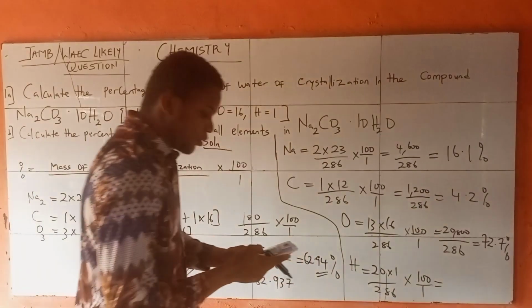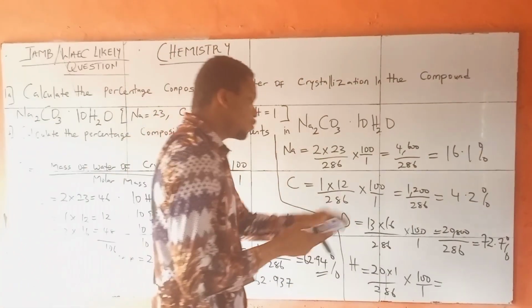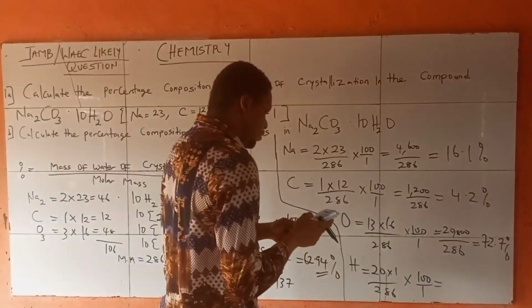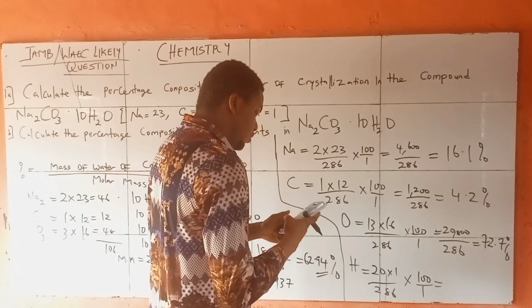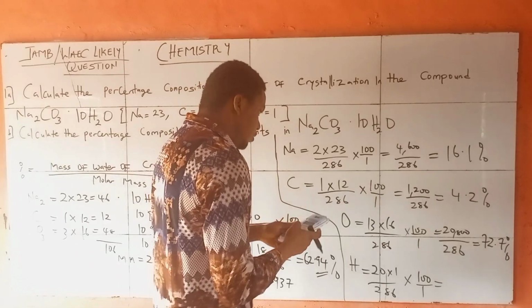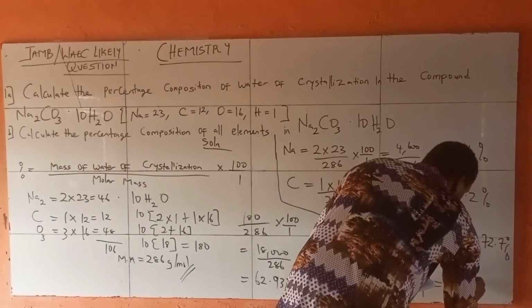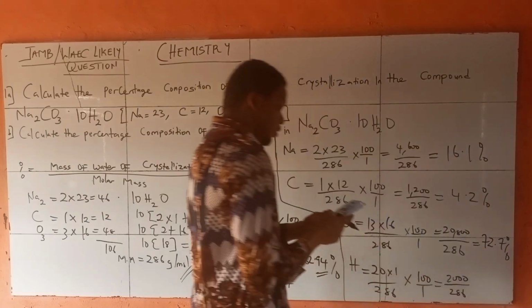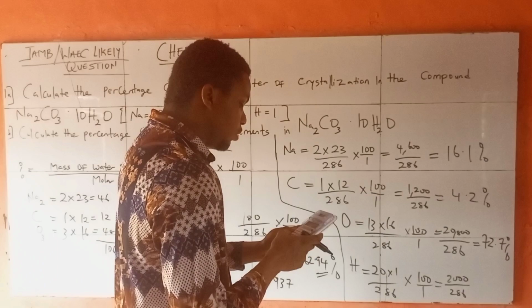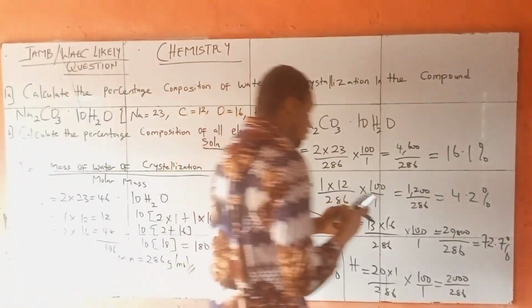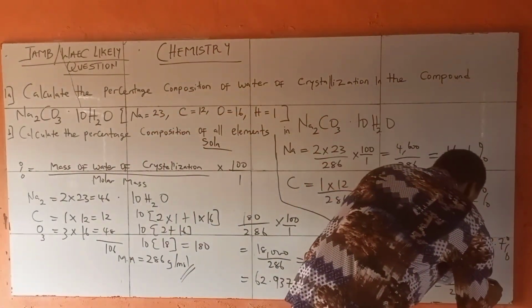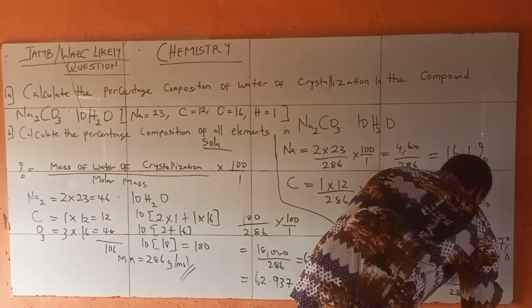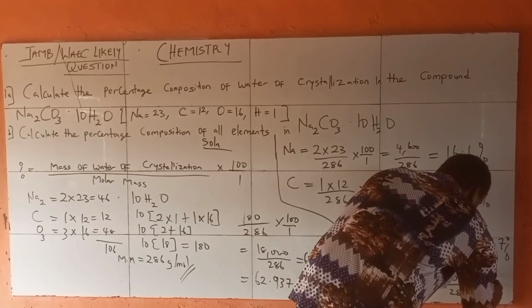This will give us 20 times 100, that should be 2000. 2000 divided by 286. This will give us 6.9. Okay, 6.99.